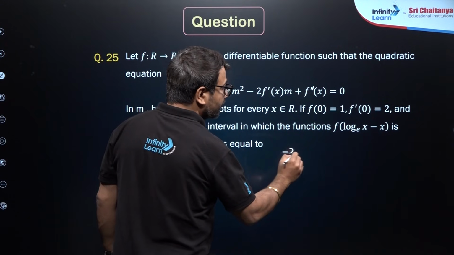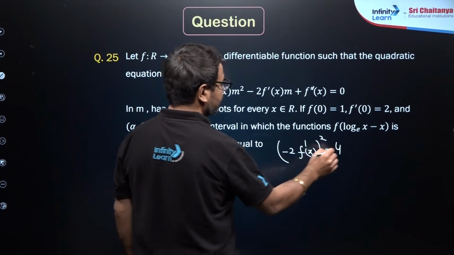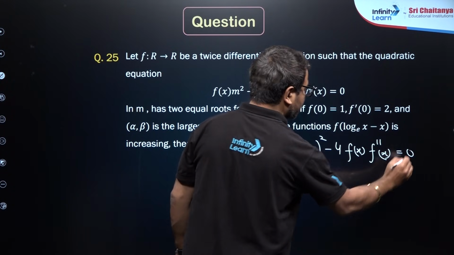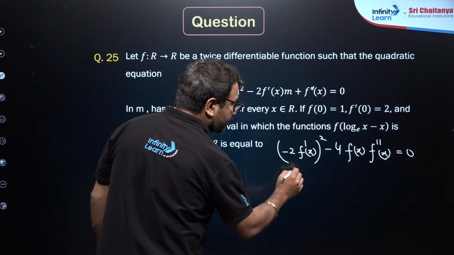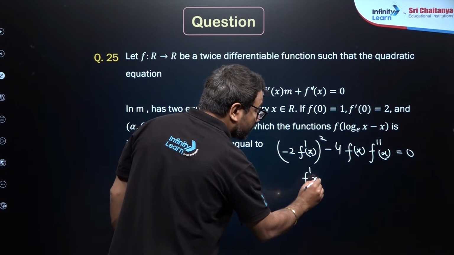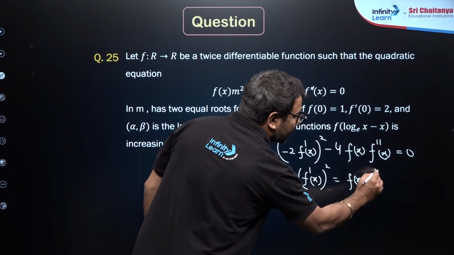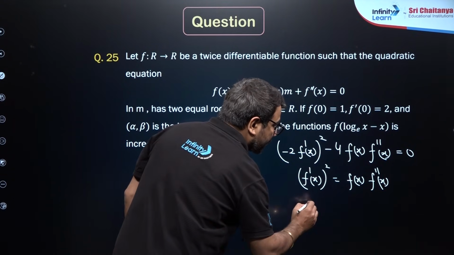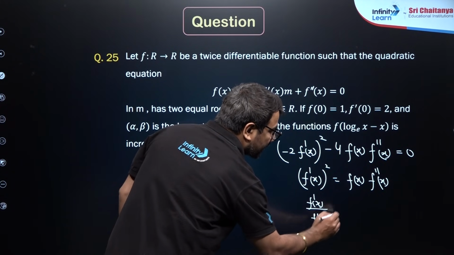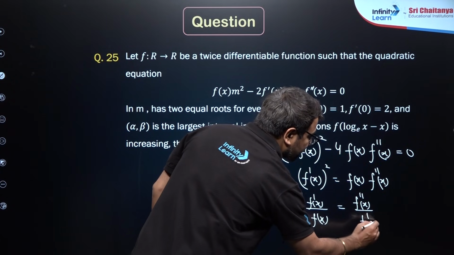So basically you will do b square minus 4ac is equal to 0. So here you will have 4 and 4 taken common, cancelled. f dash x whole square is equal to f(x) into f double dash x. Here you will write f dash x over f(x), and here it will be f double dash x over f dash x.